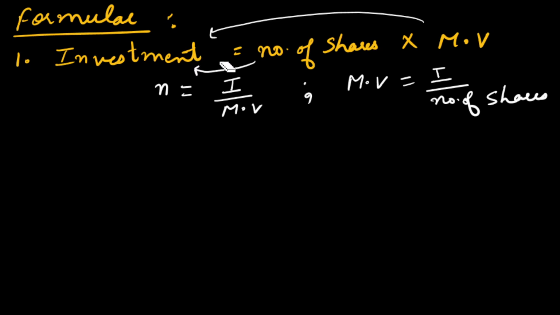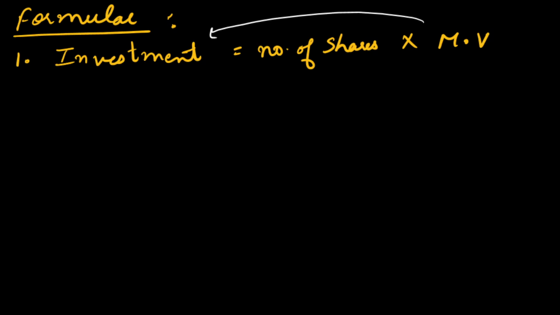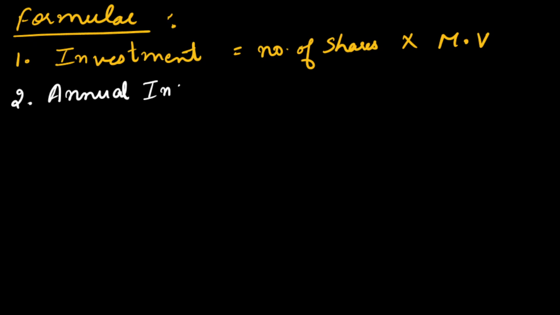So from this formula, we can find three things. So you have to make a note of this formula. Second formula: annual income. You can write annual income, or annual profit you can write, or annual dividend also you can write.